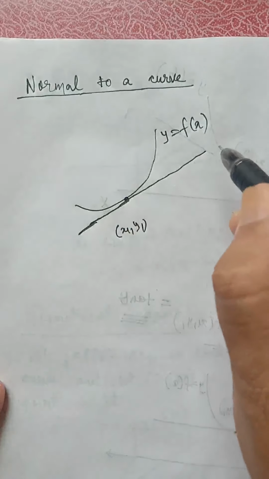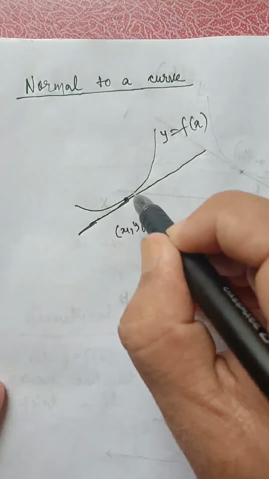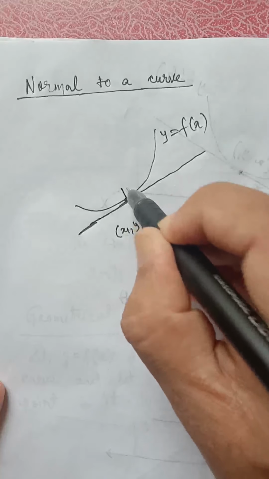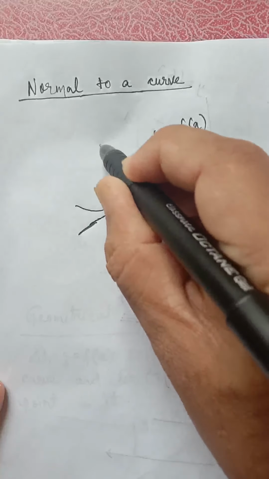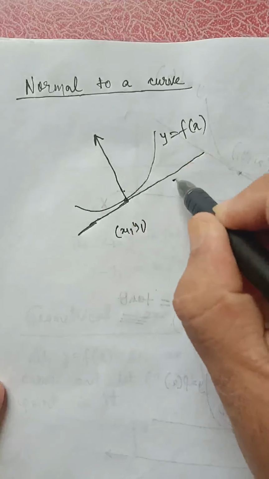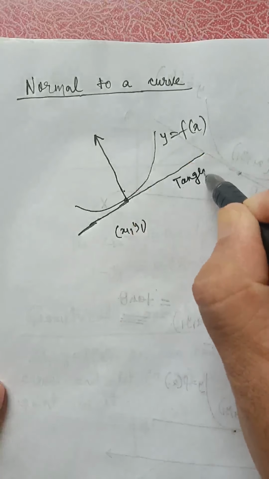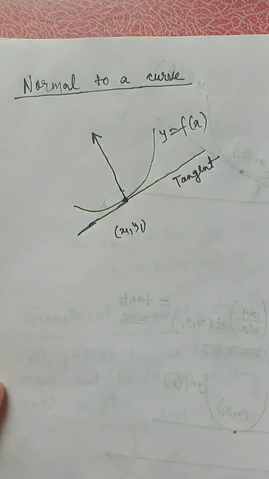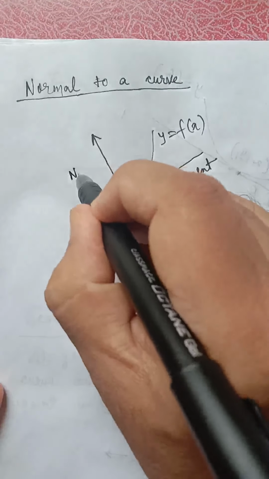Now a line which is perpendicular to the tangent at the point (x1, y1): if we draw a perpendicular to the tangent at this point, this line will be the normal. This is the tangent to the curve. This line meets the curve at this point only, and this is the normal to the curve.